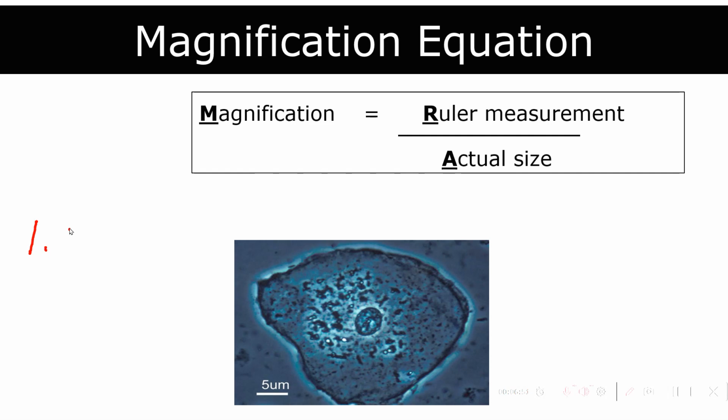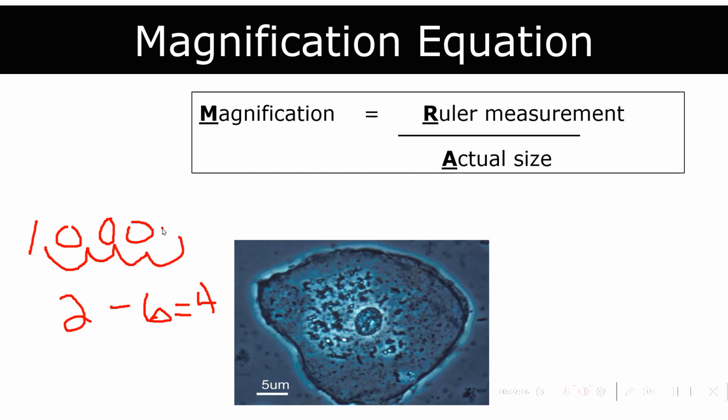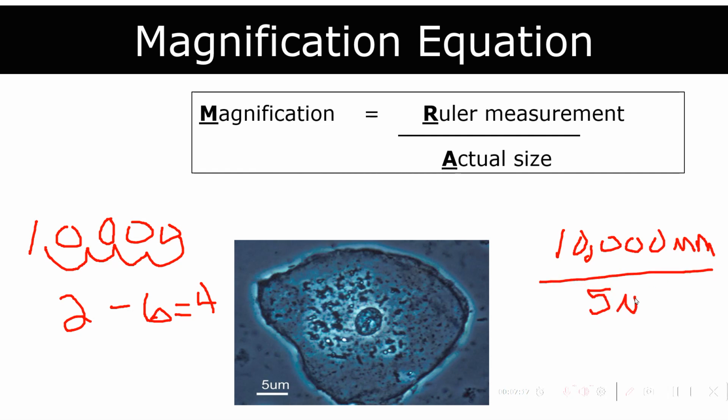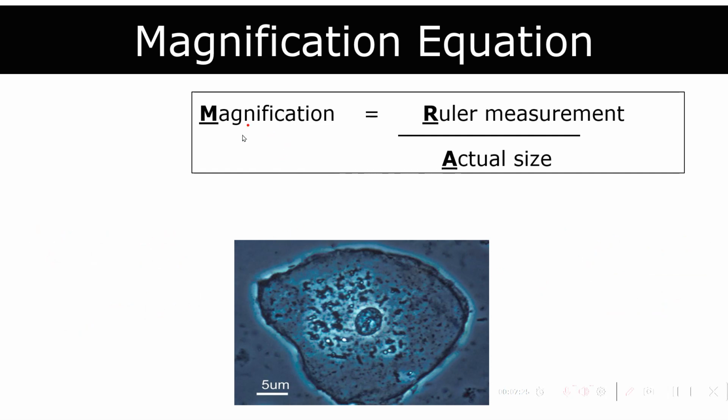So for my 1.0 centimeters, I have to move this decimal point 1, 2, 3, 4. So now I would have 10,000 micrometers over my 5 micrometers. And this would get me my magnification, whatever number that is, right? So that's how I get magnification.